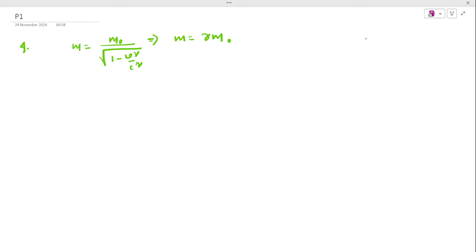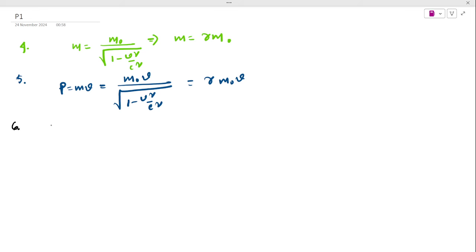Relativistic momentum: basically p equal to mv, so m naught v by root over 1 minus v square by c square is equal to gamma m naught v. Another one is the relativistic force.